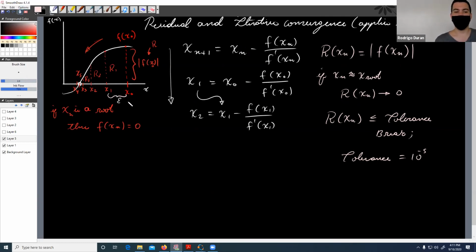This distance, I'm going to call epsilon 1. This distance right here, epsilon 2, is smaller than the first one. And the next distance between x3 and x2, epsilon 3, is smaller. Then the distance between x4 and x3 is smaller, and I'm talking about the x-axis.